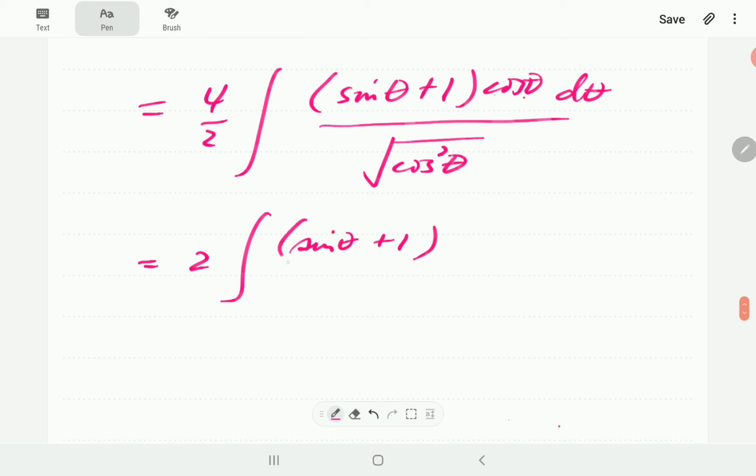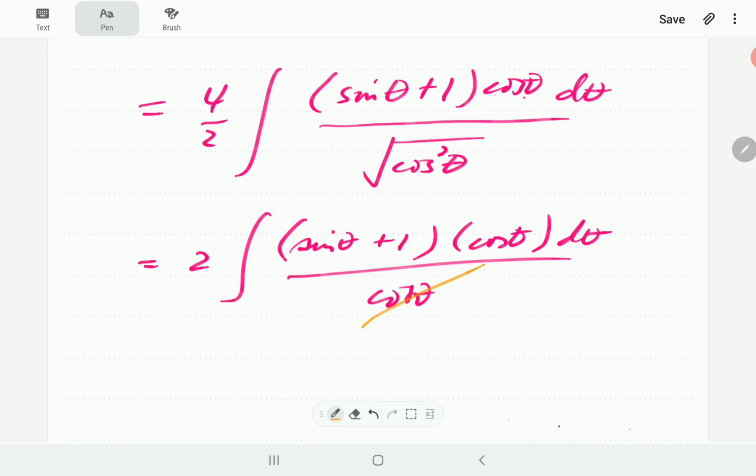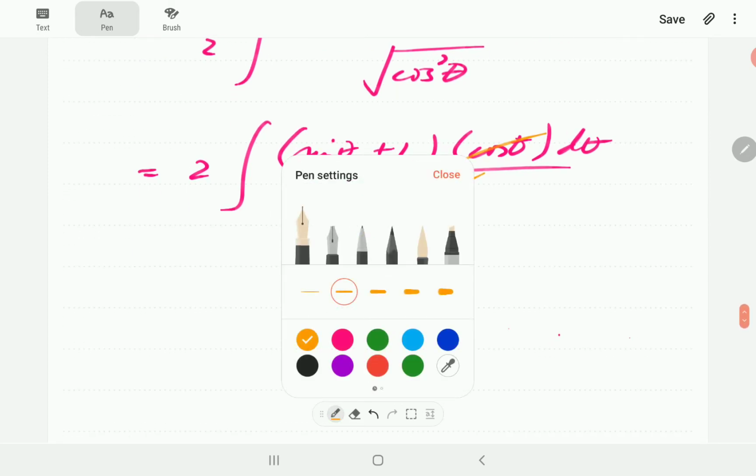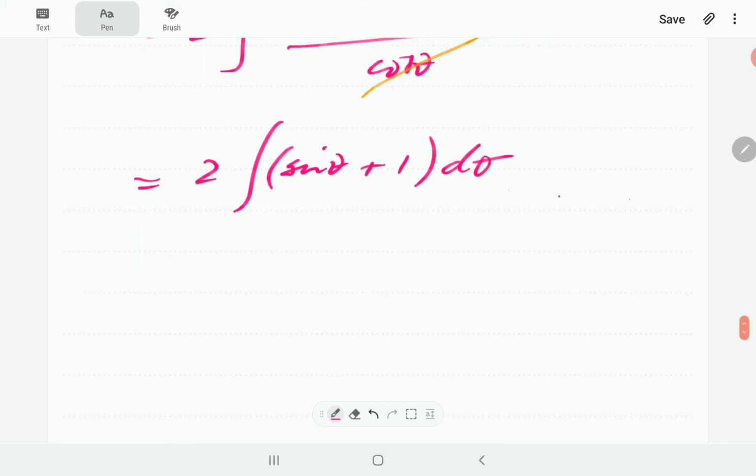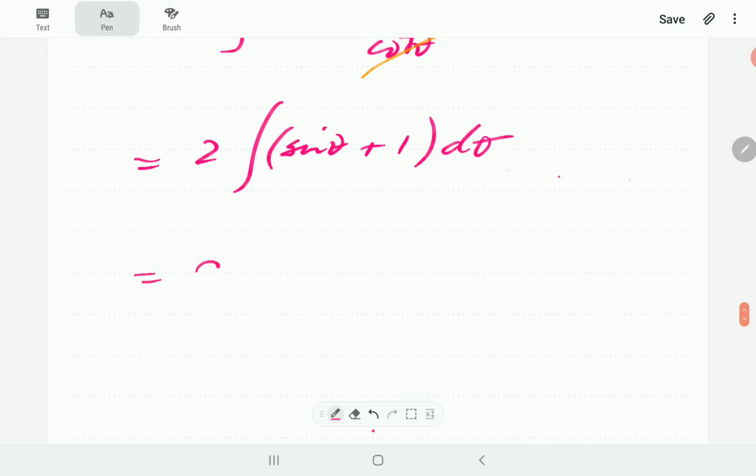So we've got sine theta plus 1 cosine theta d theta, all divided by cosine theta. This now cancels out, so we just need to integrate sine theta plus 1. Okay, integral of 1 is theta, then integral of sine theta is minus cosine theta plus c.